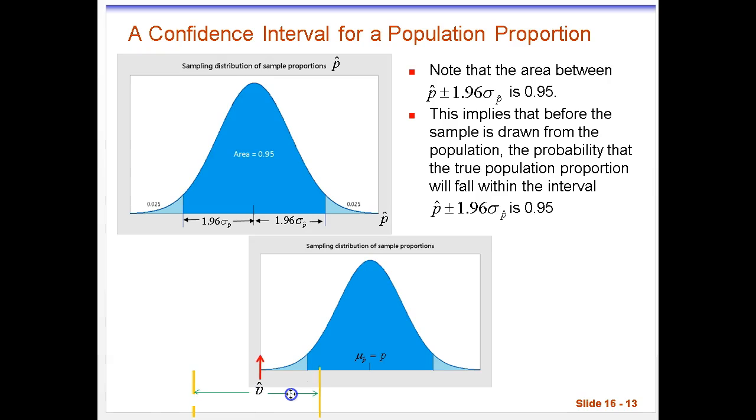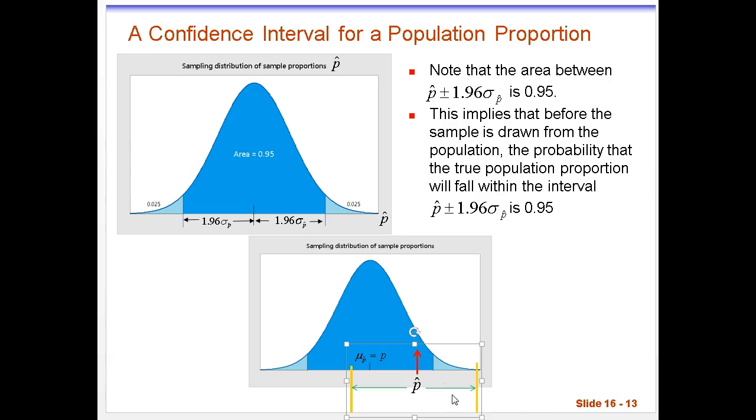That's going to happen if my p-hat falls anywhere from here, here, here, up to about there. Now, on the other hand, if p-hat were to fall in the upper regions here, I'm also going to have an interval that doesn't contain my true population proportion, and that's going to be true from here all the way over.